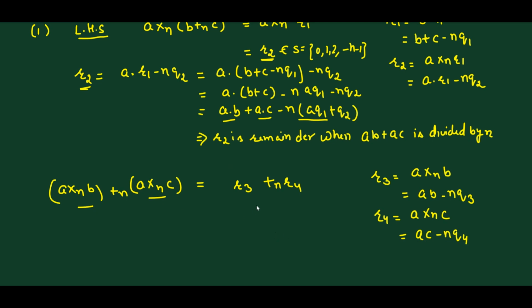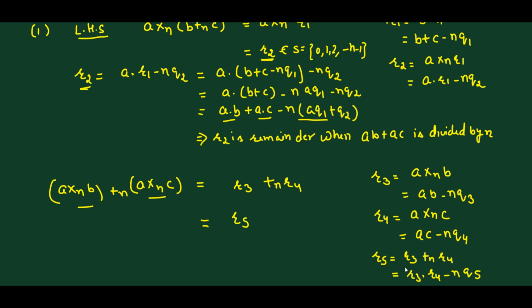Okay. Now see here, R3 and R4 are combined with respect to this addition. So assume that it will be R5. Now represent R5. R5 is R3 added with R4. So it means this is the remainder when R3 plus R4 is divided by N. So let us assume Q5 is the quotient here.